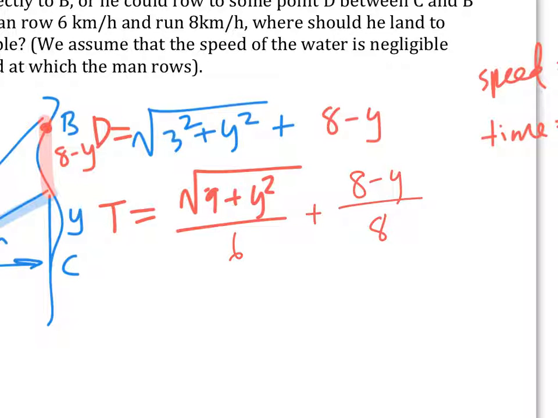Now we need to find the derivative so we can minimize time. All right, go ahead and take the derivative. For example, what I would do is change this to 1/6 times 9 plus y squared to the 1/2, and then change this to 1 minus 1/8 times y.